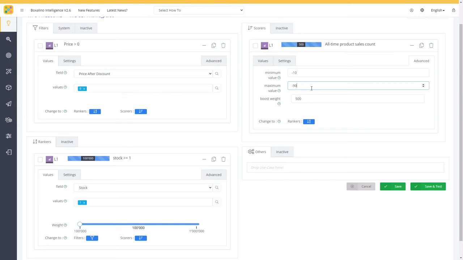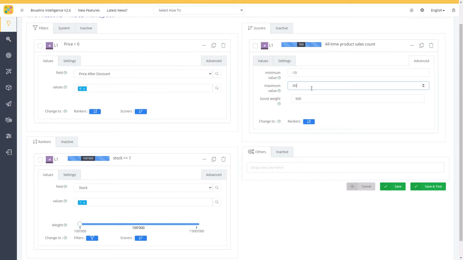So the 10th percentile, this -10, means that we will consider any product that has been sold as one of the 10% of products that have been sold the least. So basically the 10% of the worst selling products will all have 0, and then the range will start.